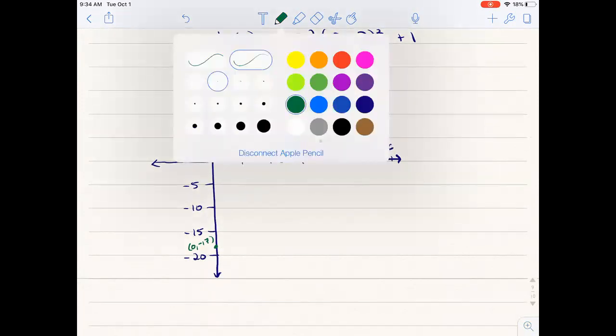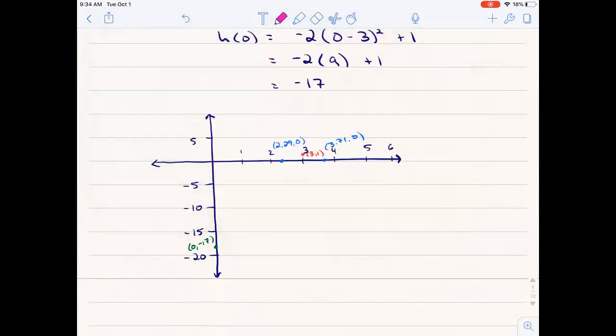So now, what color do I use? Pink, I guess. We can just connect these. Remember, we're just sketching.